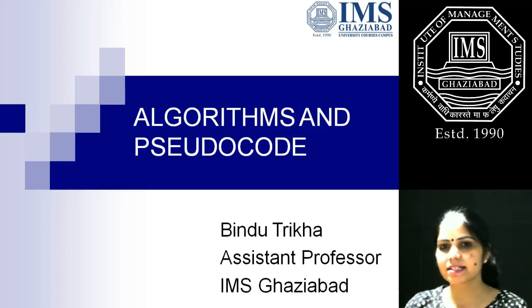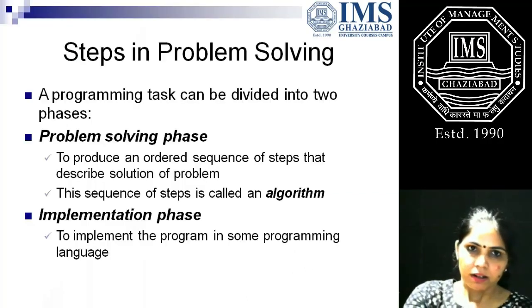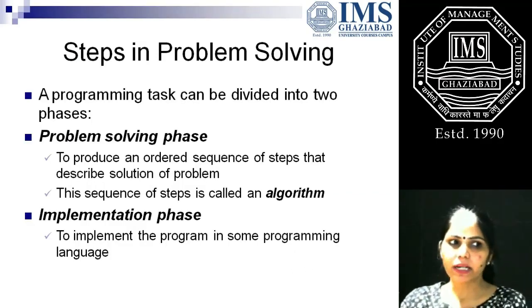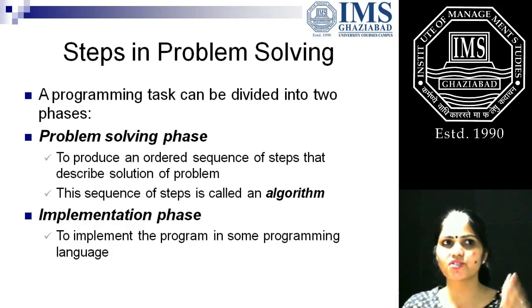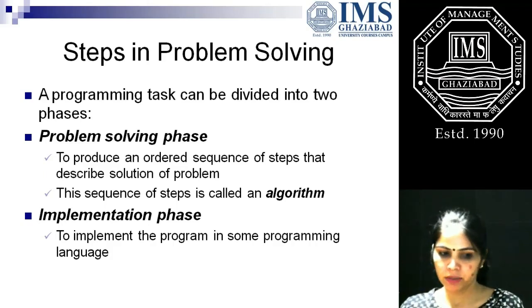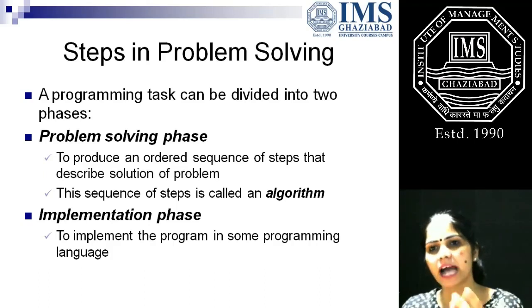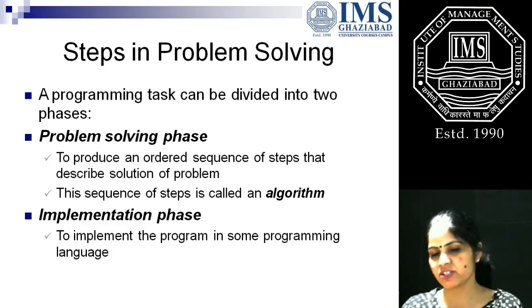Today I'll be discussing algorithms and pseudocode. What happens when we have any program to do or any problem to solve? First, we chalk out the basic steps we need to perform to solve that particular problem. So a programming task can be divided into two phases: the problem solving phase and the implementation phase.